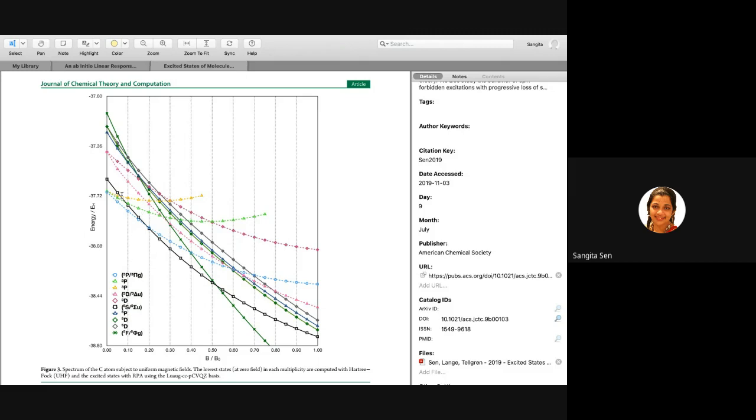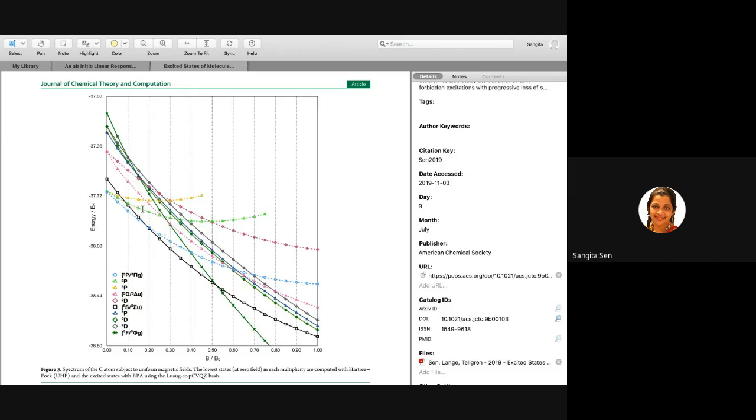Then the lowest, the blue state, is the one with the electron in the p minus 1 orbital, so p minus 1 and p 0 probably. Here both the spin interaction and the orbital interaction are lowering the energy for the blue line.